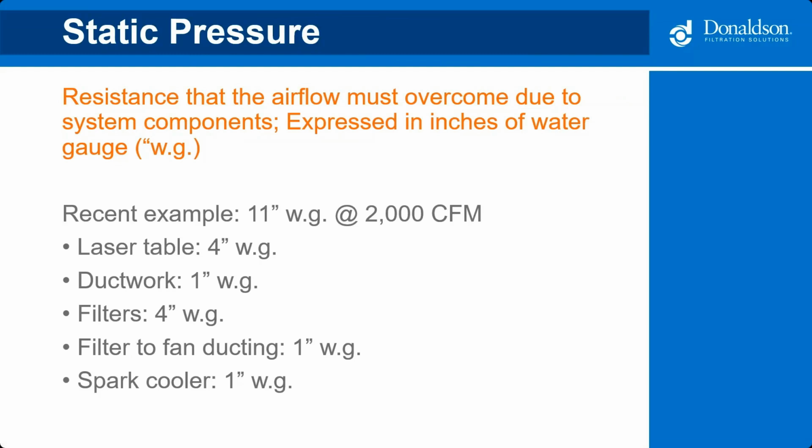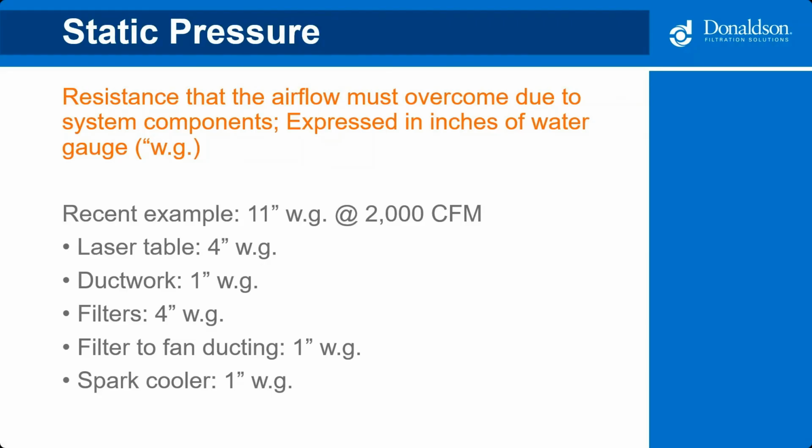So the laser table itself accounts for 4 inches of static, the ductwork, 1 inch of static, the filters in the collector, we account for 4 inches of static. This is what we would consider a worst case scenario when the filters are dirty, because new filters will have a much lower static pressure of say 0.5 inches of static.